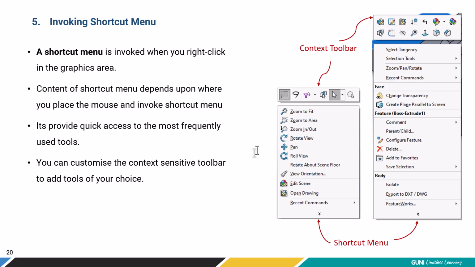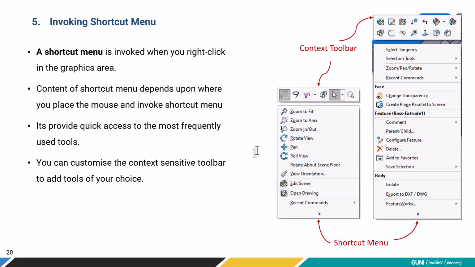Now, to work efficiently in SolidWorks, every time you do not have to go to the Command Manager to invoke the commands. This will surely increase your mouse travel and will fatigue your muscles. So the shortcut menu is very helpful in SolidWorks to carry out the same work with shorter mouse travel.